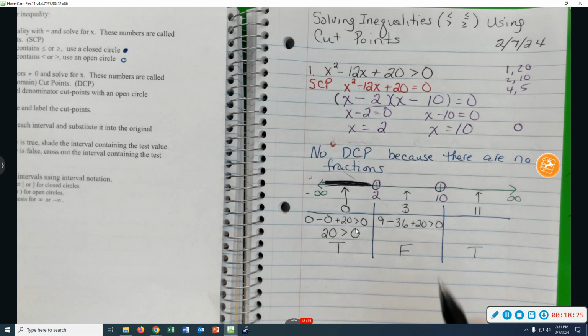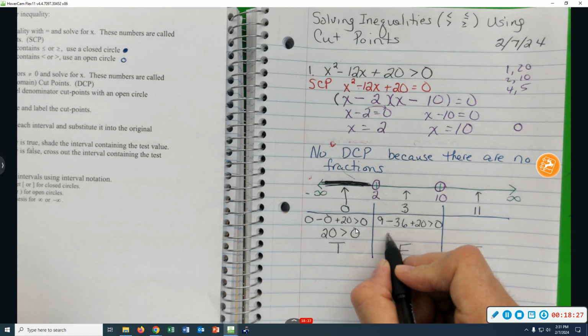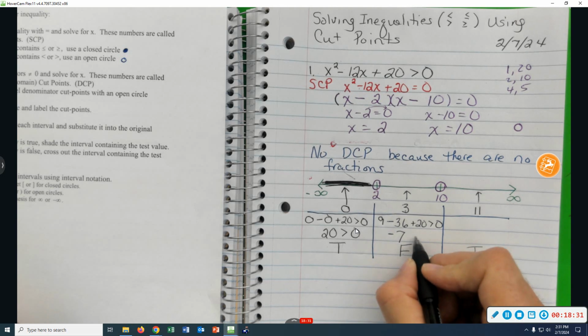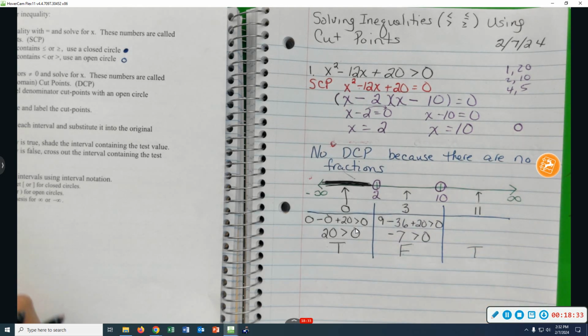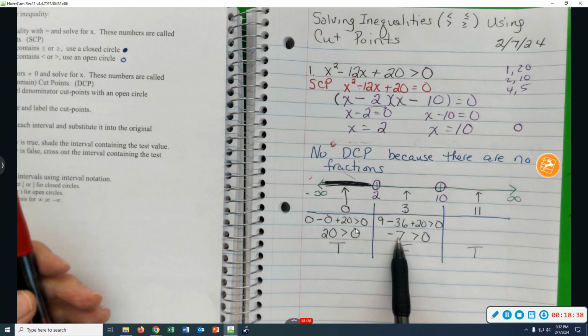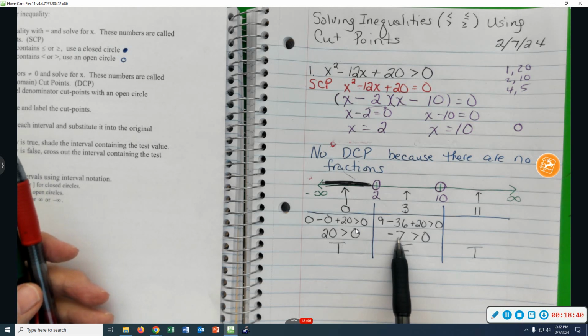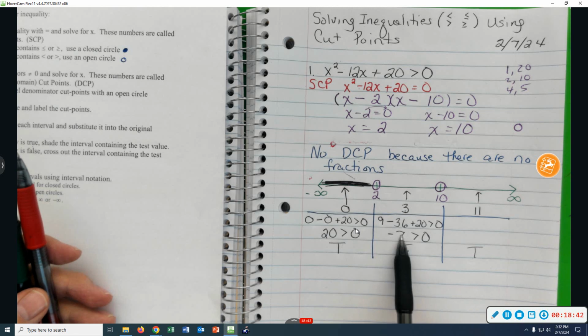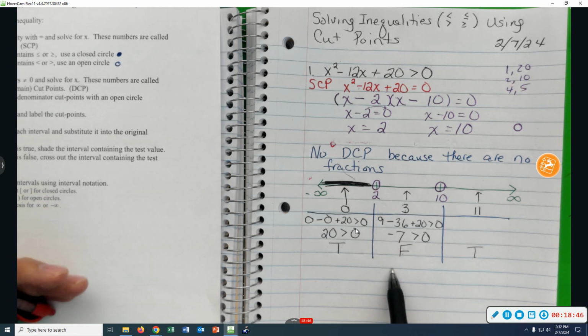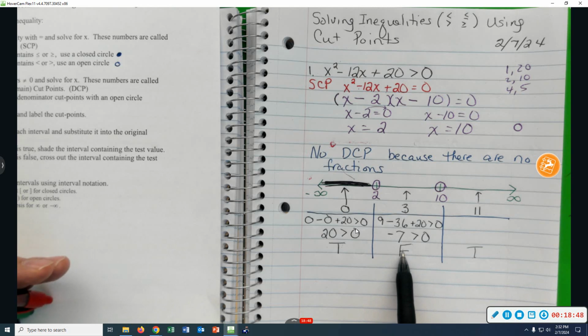What's that going to give us? -7? -7 greater than 0. Is that a true statement? Is -7 bigger than 0? No, -7 is smaller. Negatives are always smaller than 0.